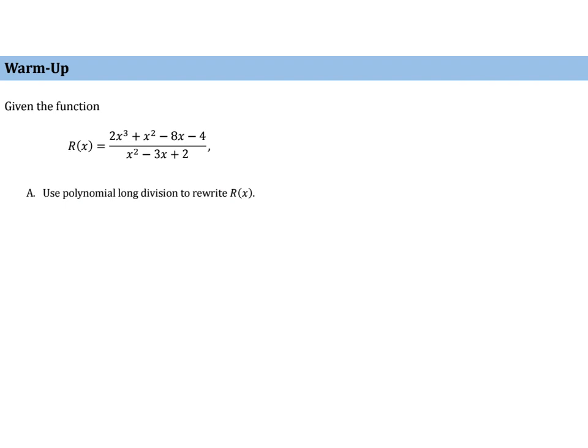So let's take a look at a warm-up. So we're going to use polynomial long division to rewrite this. So we can't use synthetic division because what we're dividing by is not in the proper form. So we have 2x cubed plus x squared minus 8x minus 4. And we're going to divide by x squared minus 3x plus 2.